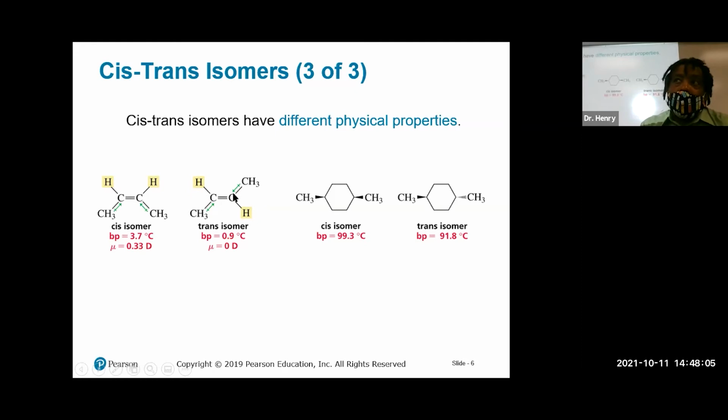This one is going trans, but I think it may have something to do with the polarity, because we know the polarity is going to change in the case of the double bond, right? This one is moving towards the double bond in this way, and this one's going towards the double bond that way. Logically, I still can't figure it out. I'll have to think about it a little bit more.